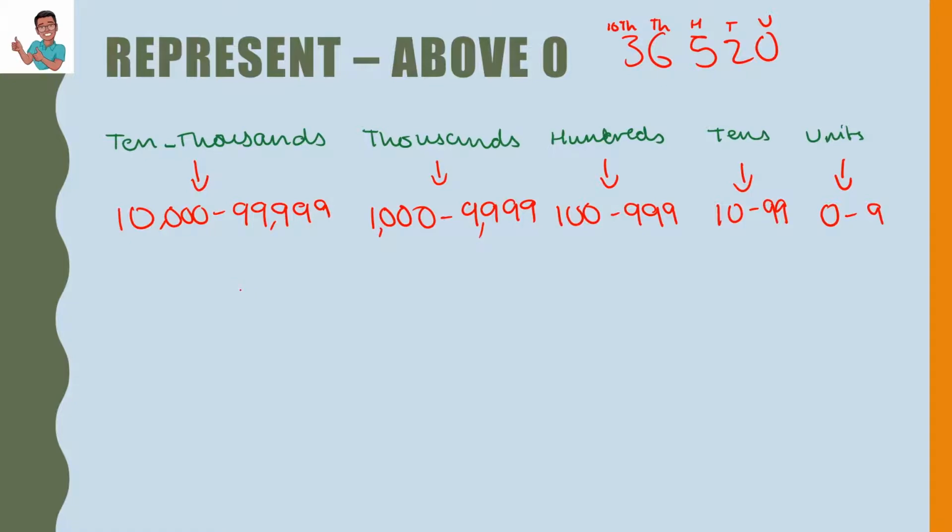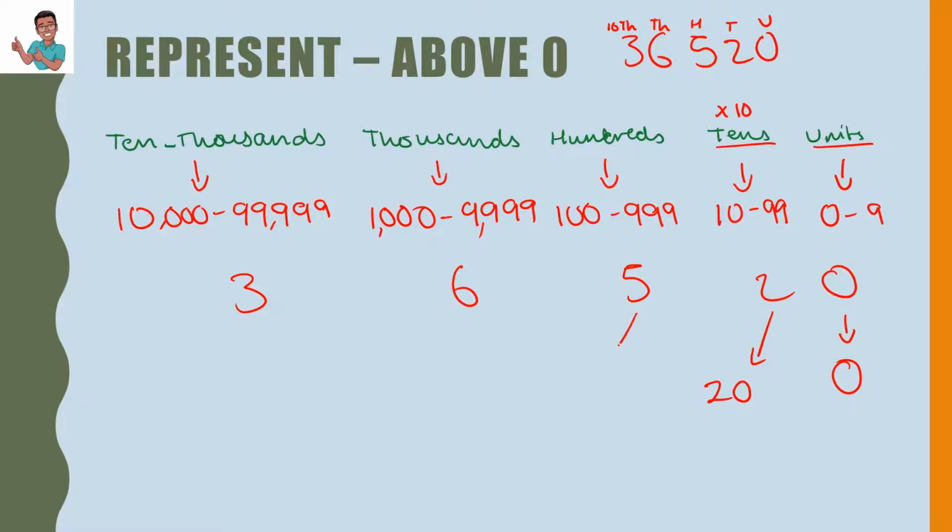Let's write this out. 3, 6, 5, 2, and 0. Let's start with the 0. The 0 has a value of 0 since it's in the units column. The 2 has a value of 20 since it's in the tens column. When it's in the tens column, we multiply it by 10. The 5 has a value of 500 since it's in the hundreds column.